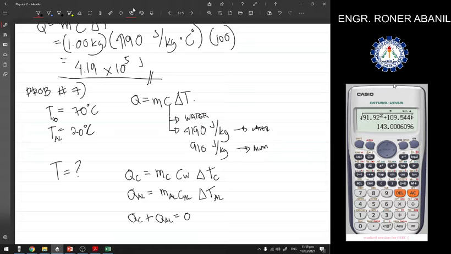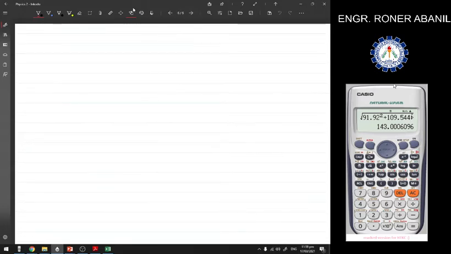Kasi negative na heat ng coffee is equal to the positive heat ng aluminum. So, lalabas is ganito.